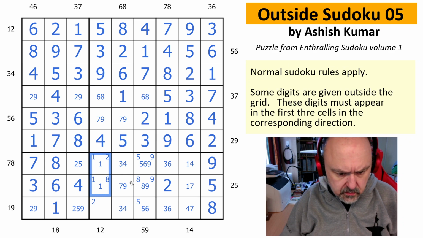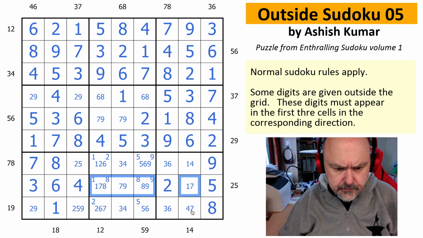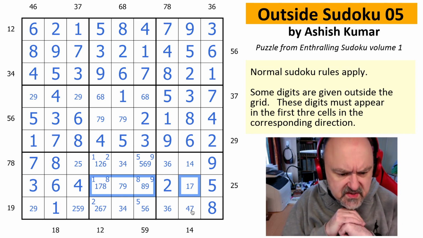We can go 1, we can go 2, we can go 6, 7, 8. I really think I'm missing something simple here.